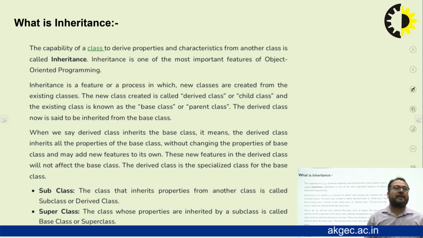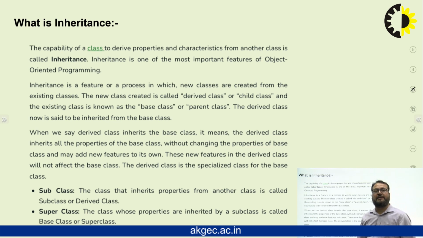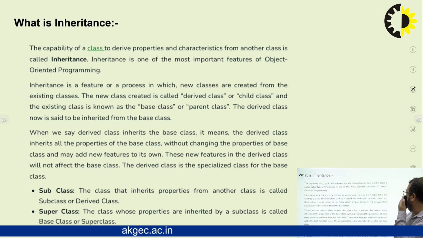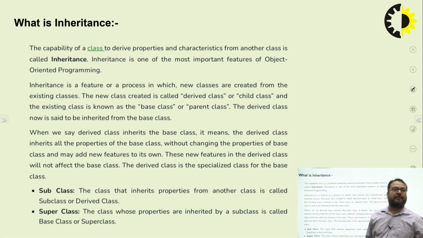So it is a feature or process in which new classes are created from an existing class. The new class is called the derived class, or sometimes the child class, and the existing class is known as the base class, or sometimes the parent class. So the derived class is said to be inherited from the base class. All the members and functions become part of the derived class.